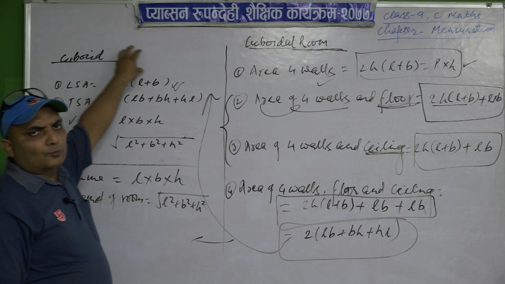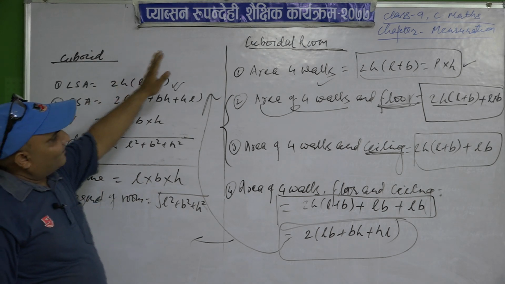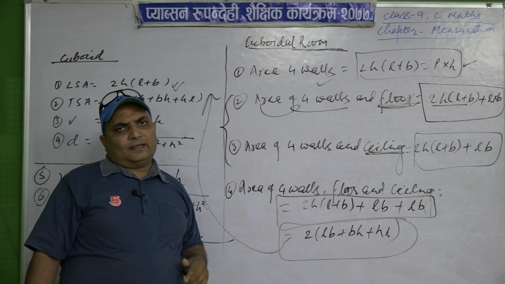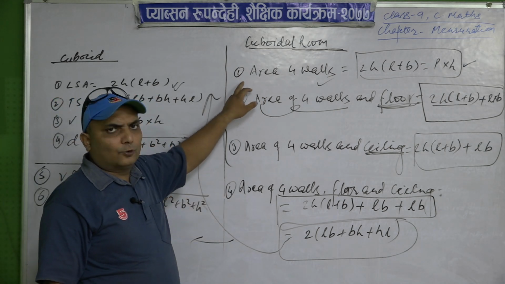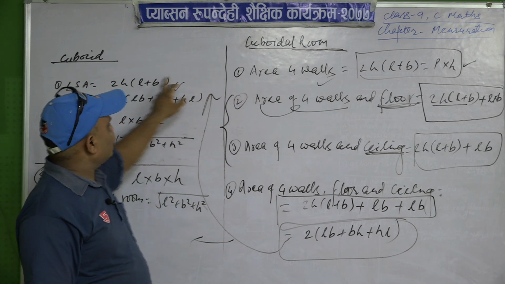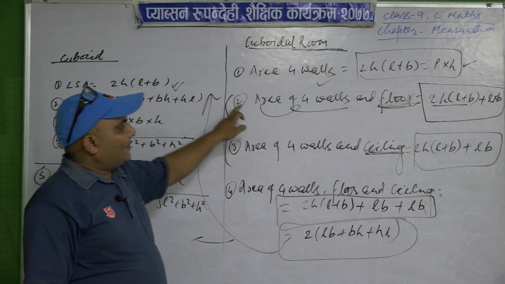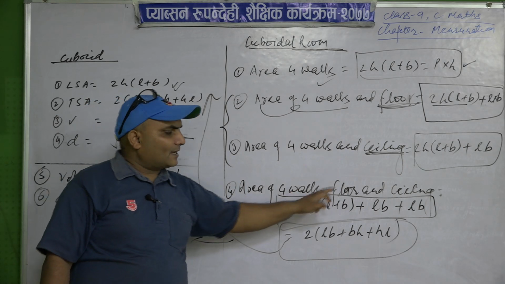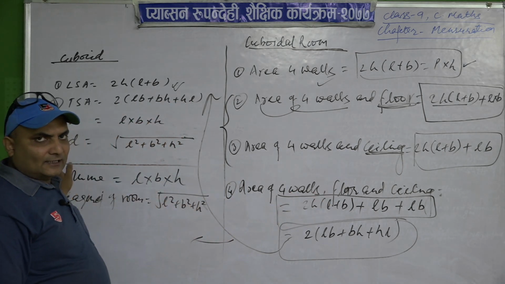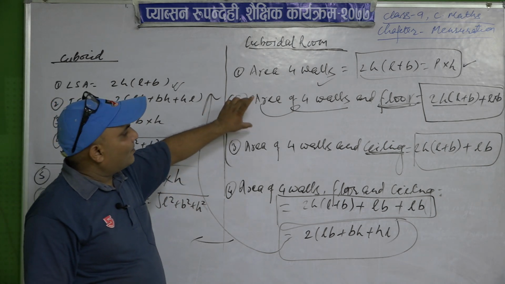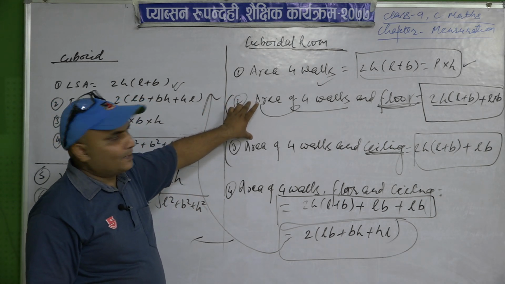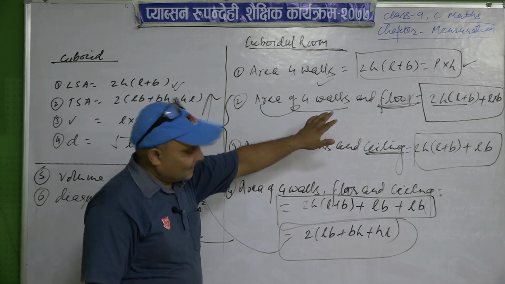If you remember the formulas of the cuboid, you can easily find the different areas of your room. Only two more formulas you have to remember: area of four walls and floor.